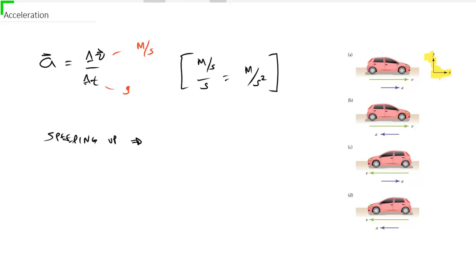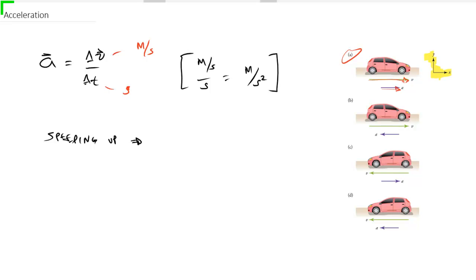In A, we see the velocity was originally off to the right, which is a positive v. Now our acceleration, which is a change in velocity, is also off to the right. If we have an acceleration in the same direction as the velocity, then it would speed up. So in A, we would say that it is speeding up.